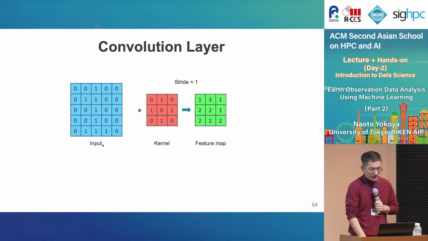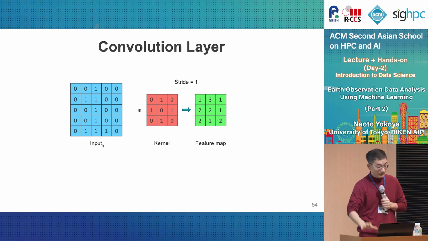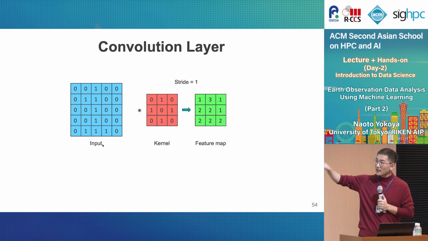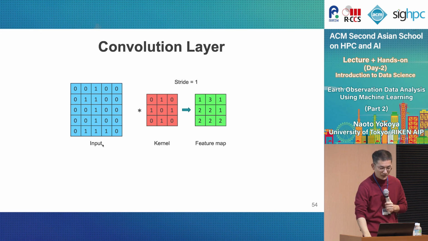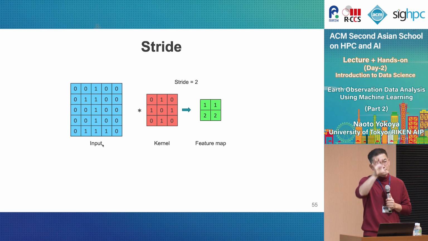So we have already seen the spatial filter kernel. If we just scan this kernel within the input image, usually the feature map becomes a bit smaller. And stride is, whenever you implement something, you can set up kernel size or stride as one thing that you can set up.